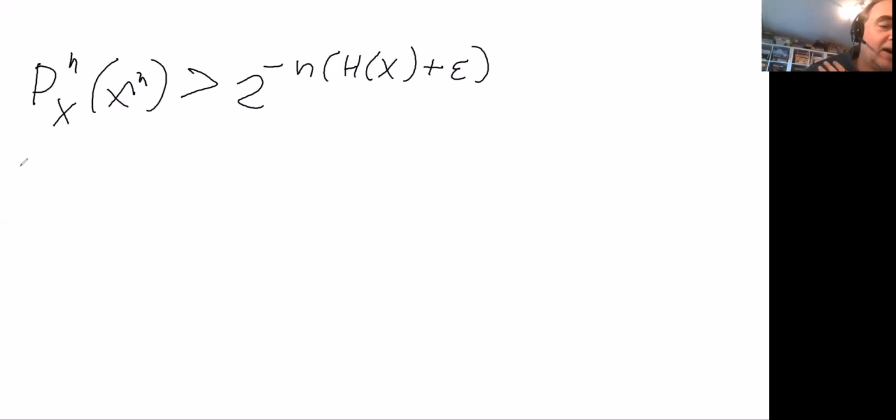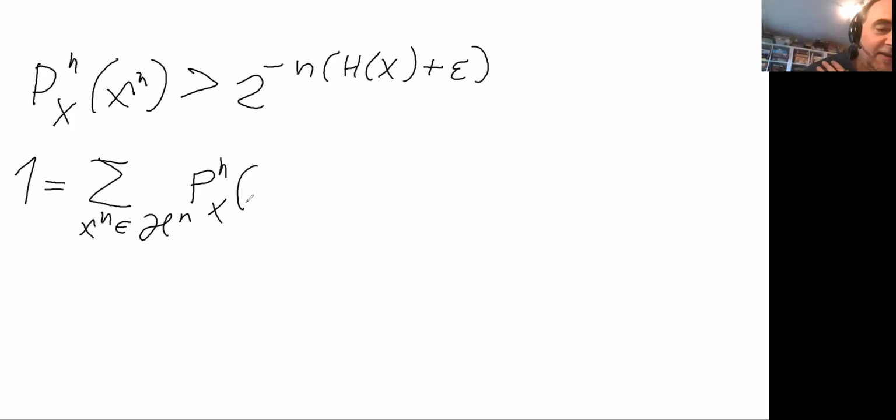So we can write 1 very simply as the sum of probabilities. We choose all sequences in Xn and sum up its probabilities. And of course, this is bigger than if we only sum over those xn which are typical.